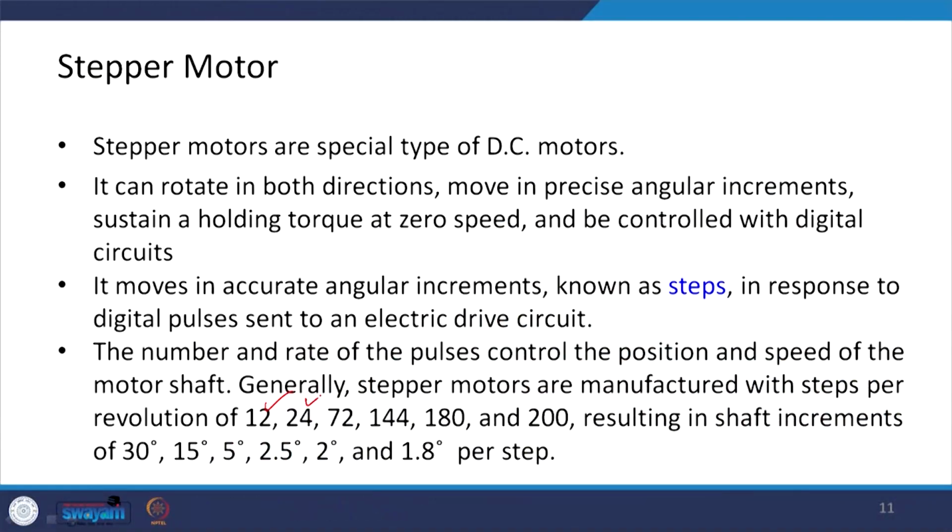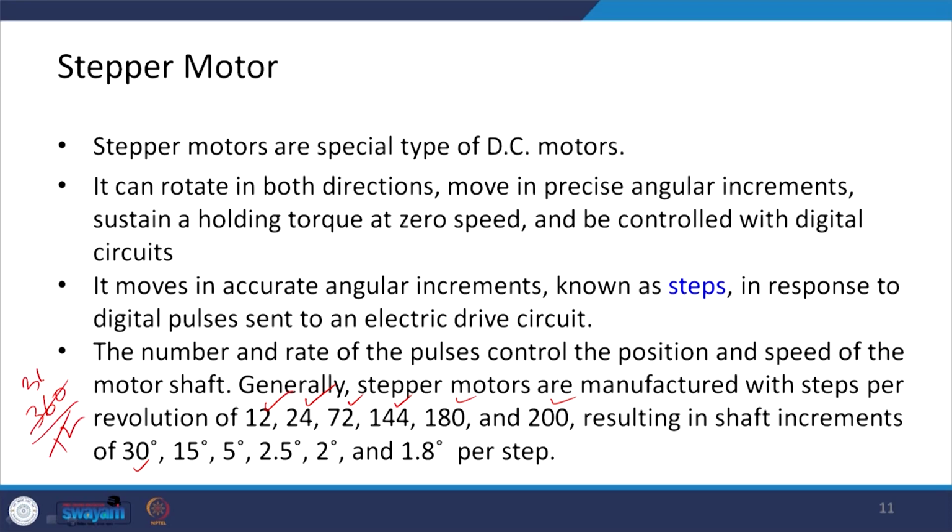Generally, step motors are manufactured with steps per revolution such as 12, 24, 72, 144, 180 and 220, and this results in a shaft angle of, say, 30 degrees, that is 360 divided by 12.